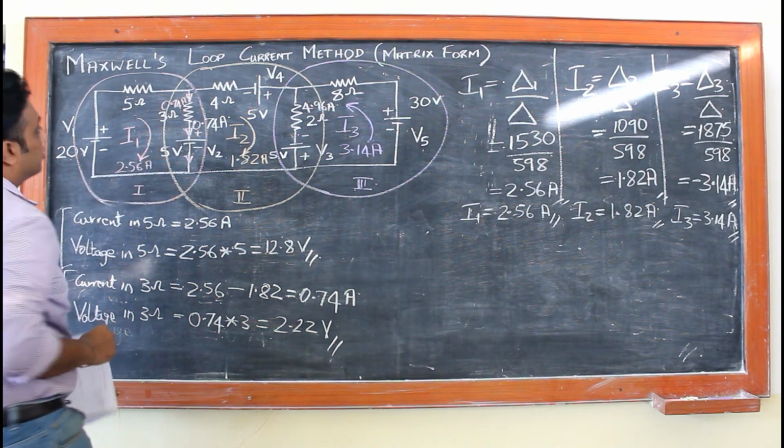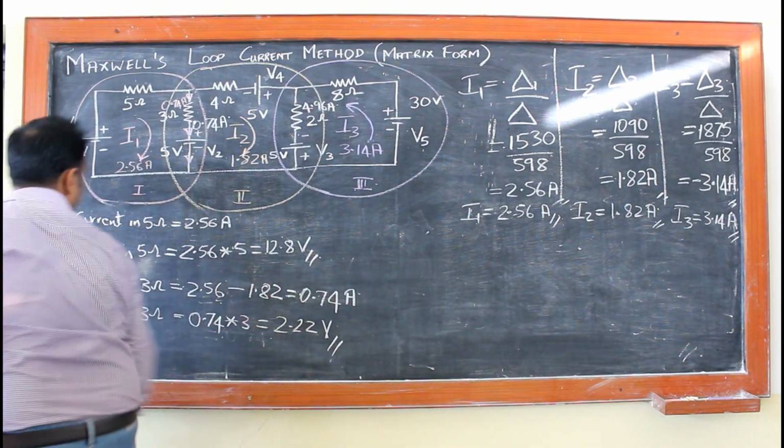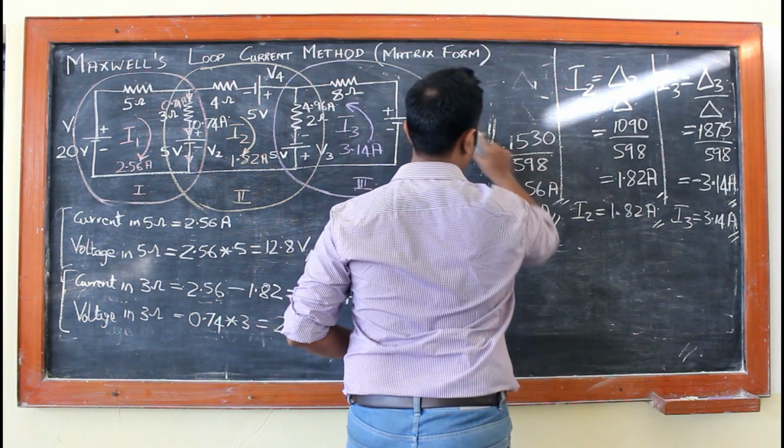Now, in the same way how I found out for the 3 ohms, I will find out for the other resistors as well. We have already found I1, I2, I3, so I will delete these top values.